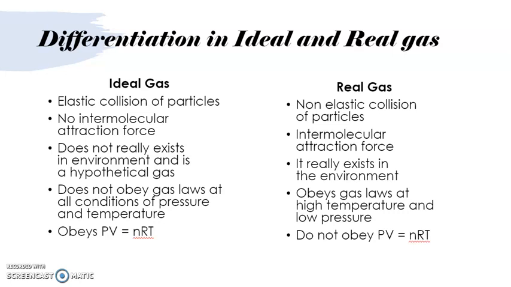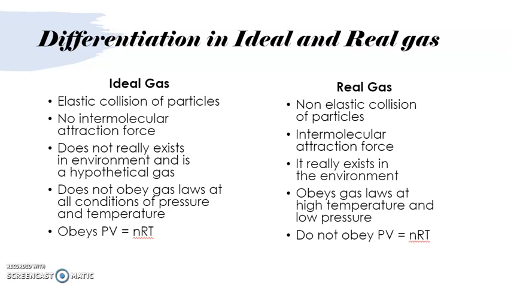But real gases do exist in the environment. They do not obey gas laws at all conditions of pressure and temperature, and real gases obey the gas law at high temperature and low pressures only. This is a very important point of differentiation, and you should remember that real gases obey gas laws, that means the ideal gas equation is also obeyed by real gases, but only at high temperatures and low pressures.